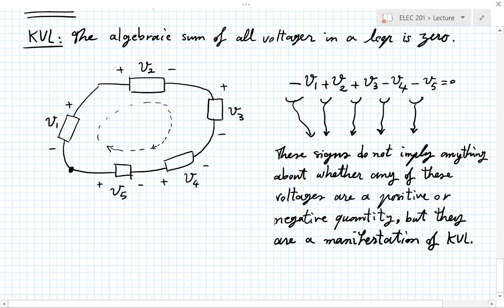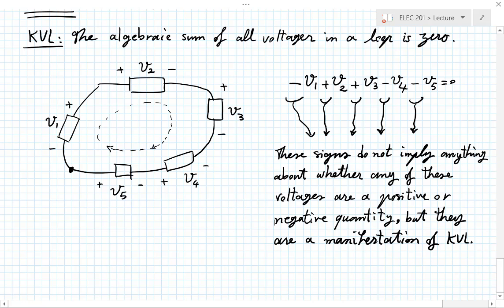Now, let's add to the confusion a little more. What if I didn't like going through the loop clockwise? What if I went the other way? Who said I should go clockwise? There's nothing associated with being in the north or south hemisphere and going clockwise or anti-clockwise in a loop.